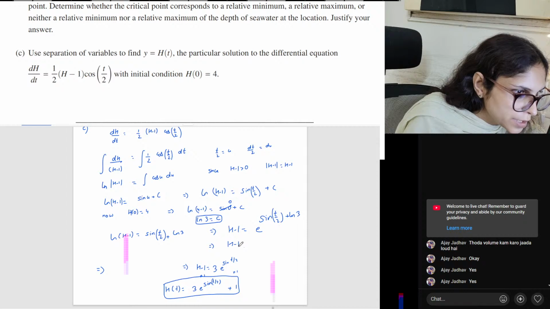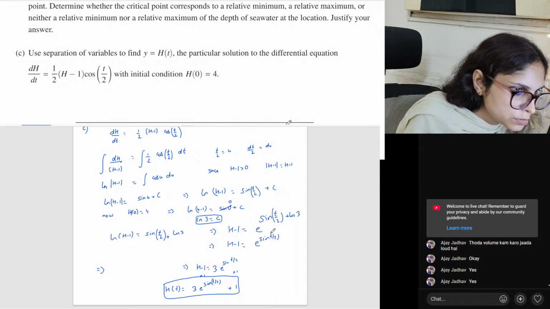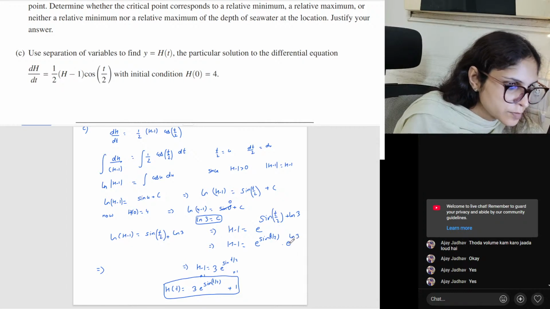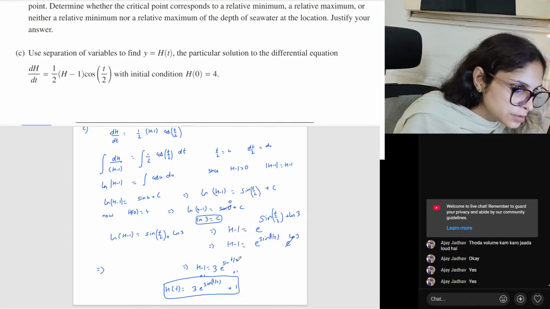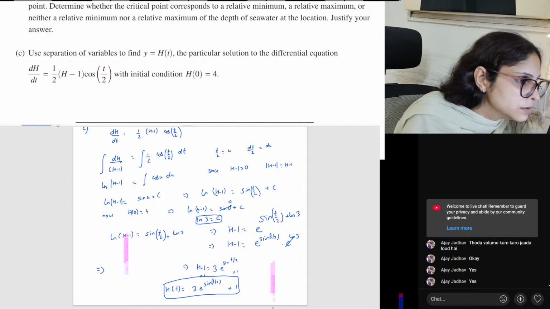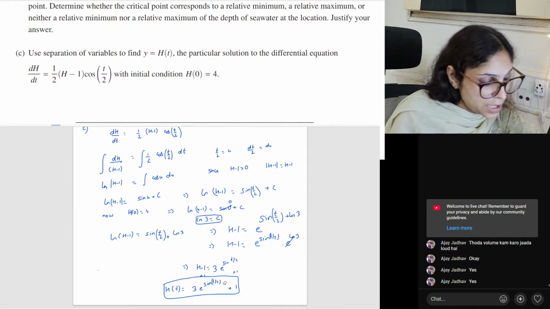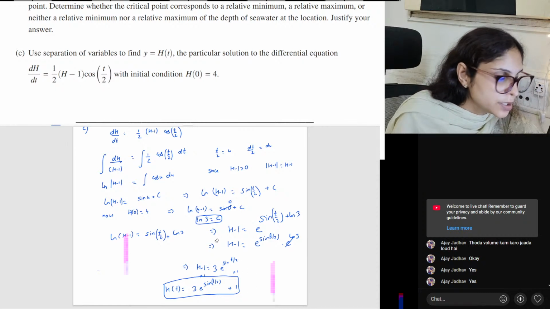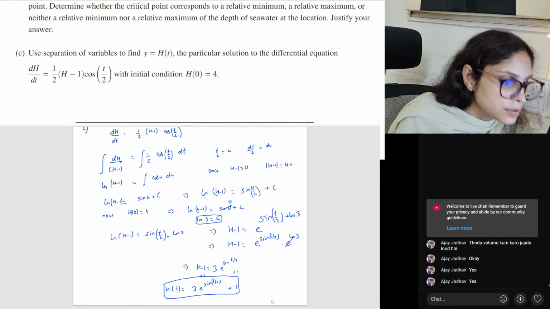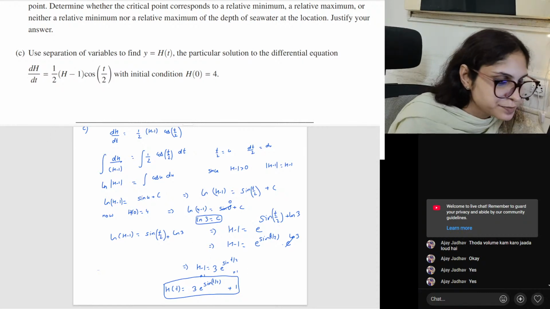From there, you will get h minus 1 is equal to e to the power sine(t over 2) times e to the power ln 3. And e to the power ln 3 is just 3. So h minus 1 is 3 times e to the power sine(t over 2), add 1, and you're getting your solution. That is another variation that you could have done.